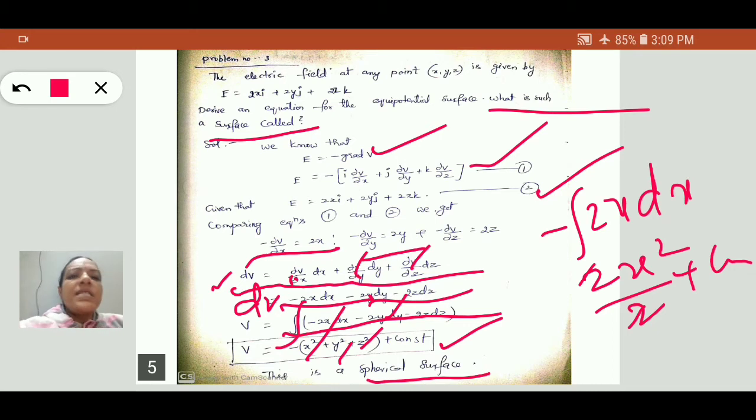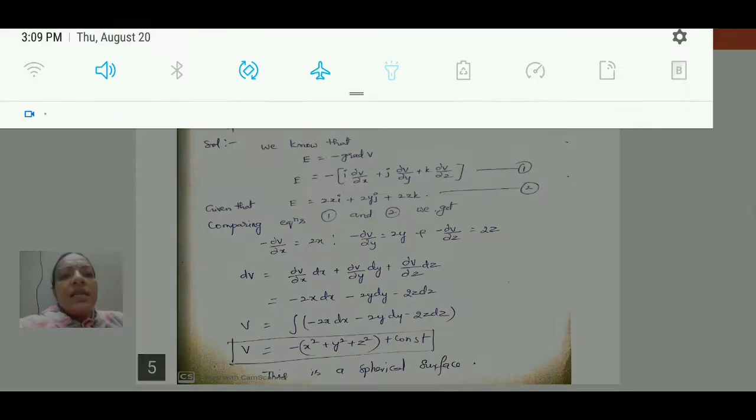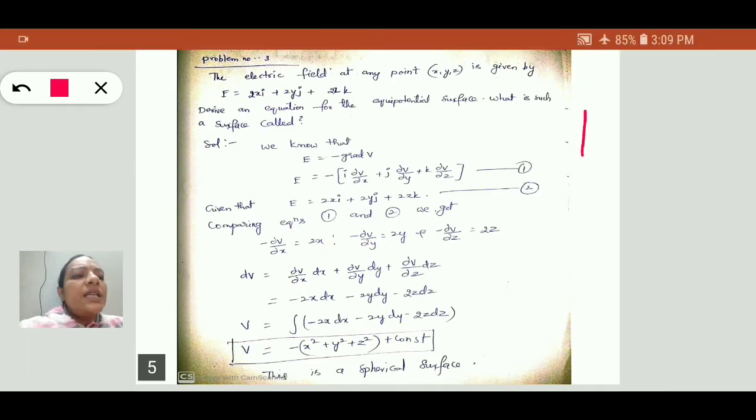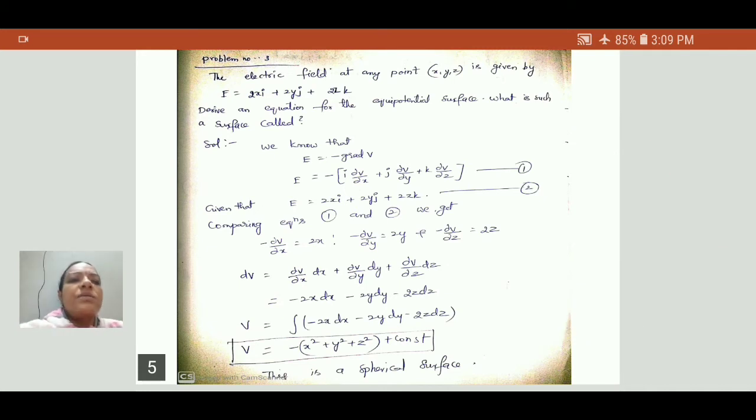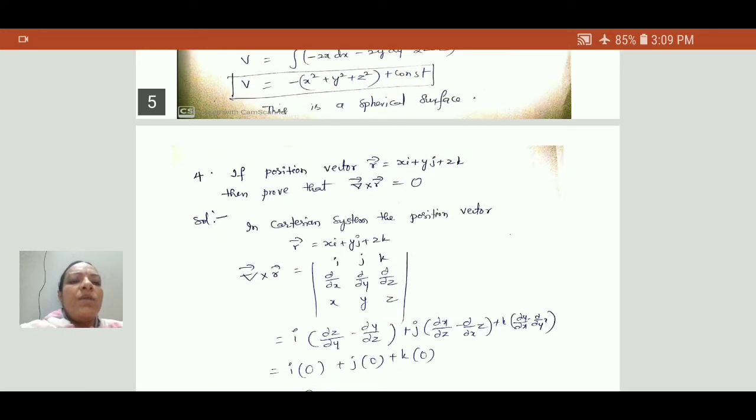Here the electric field function is given, and it is asking about the potential function. We first calculate the dV function, and after that, by integrating this dV, we get the potential function. So this is about the third problem.